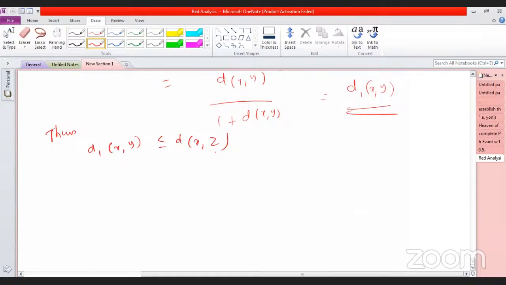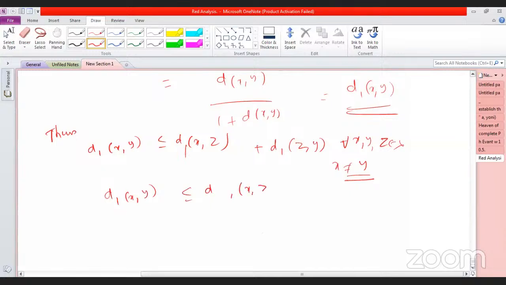Sir, did we use the triangle inequality in the denominator? Yes. Okay sir. d1 of x comma y is less than or equal to d of x comma z plus d1 of z comma y. This is for every x comma y comma z belonging to X, as I already told you. The second condition I told is x not equal to y. So it is the triangle inequality, and for x equal to y also we can write d1 of x comma y less than or equal to d1 of x comma z plus d1 of z comma y, for every x comma y comma z belonging to capital X. Very good.